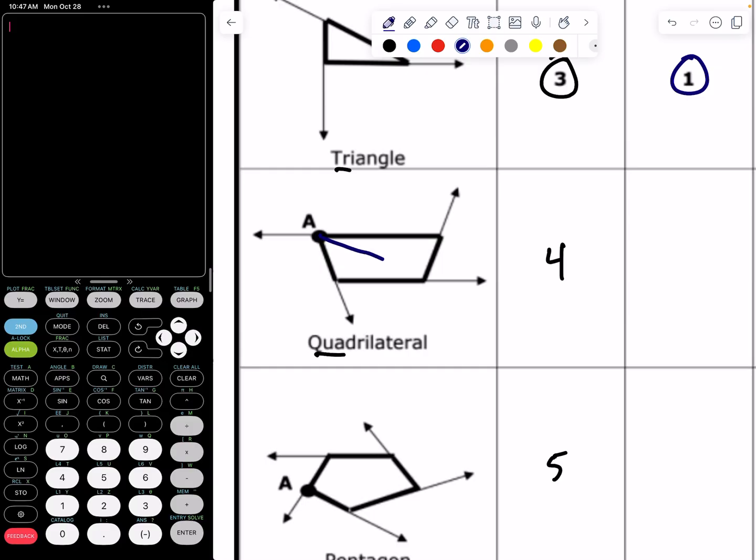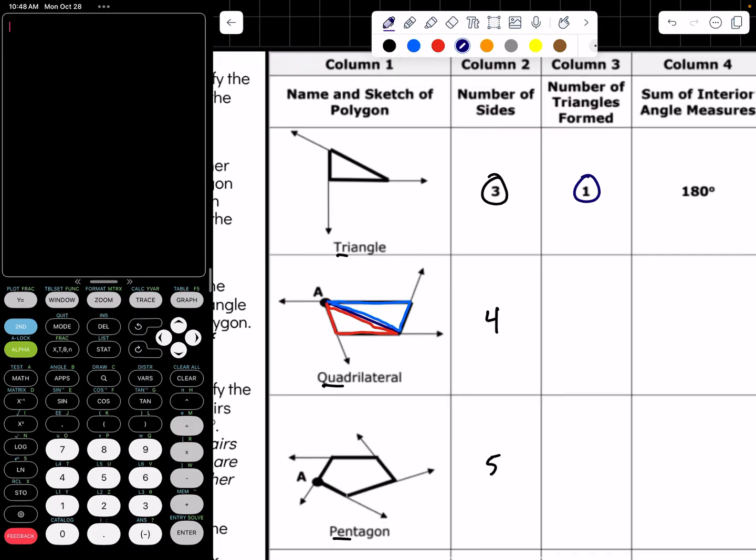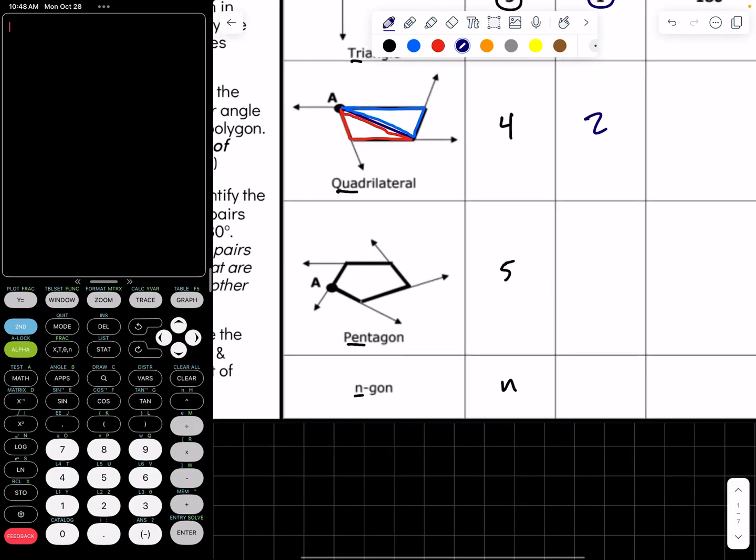So let's go down to our quadrilateral. If we start at point A and draw a line across, then you can see we create 1 and 2 triangles. So in column 3, we have 2 triangles over here.